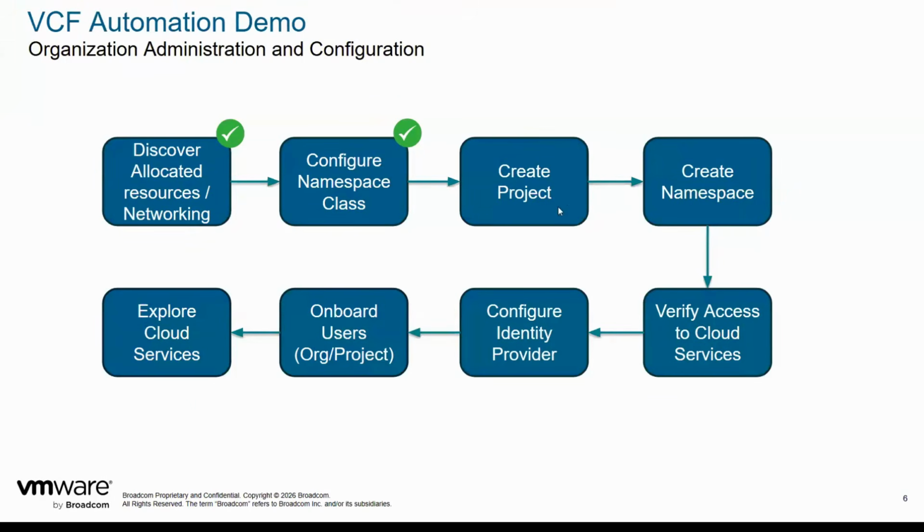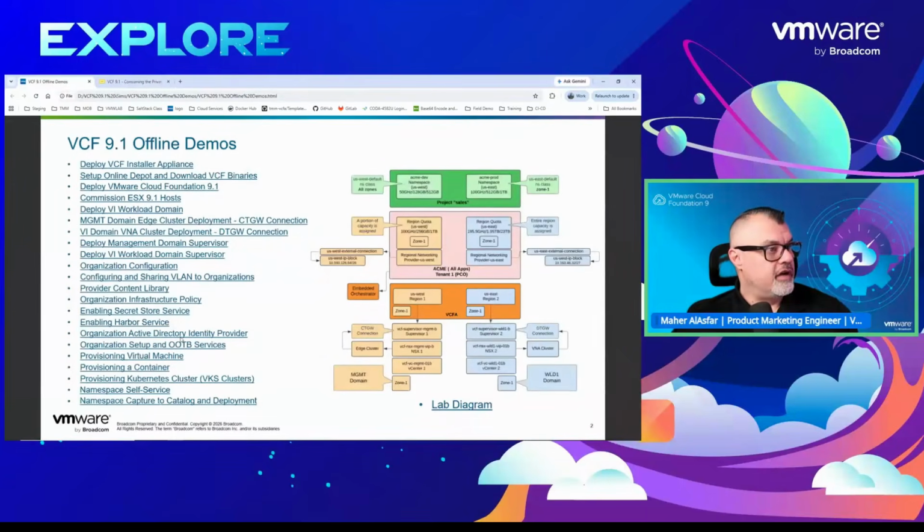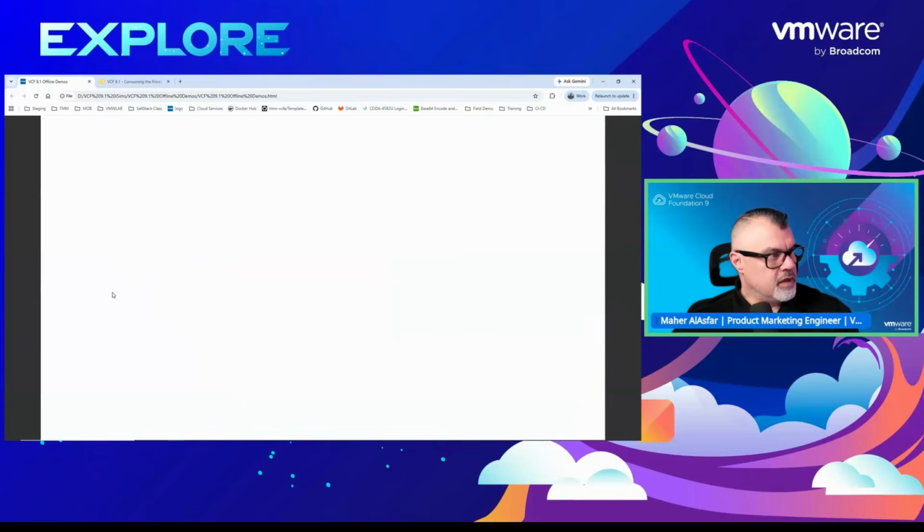So let me get into the offline demo. We already have a project, so we didn't have to create a project, and we're in the namespace section. Let me switch gears and go to my offline demo here, and we're in the organization out-of-the-box services. So we log into Acme.